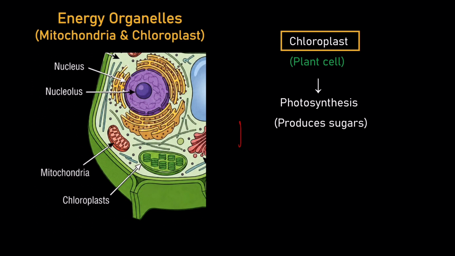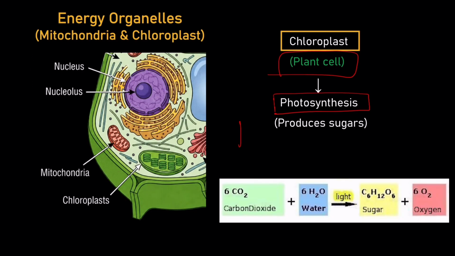Chloroplasts are oval-shaped structures found only in plant cells. And unlike mitochondria, which are present in nearly all eukaryotic cells, chloroplasts are only found in those cells that are capable of this process, photosynthesis. During photosynthesis, light energy is captured and converted to chemical energy in the nutrient molecules.